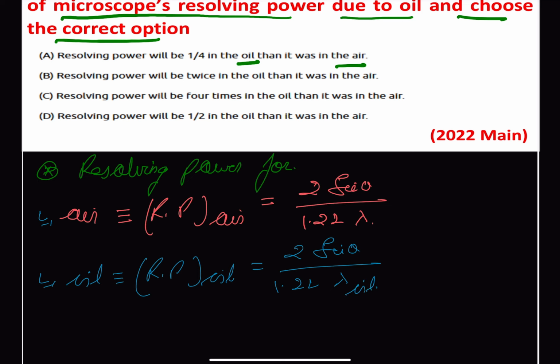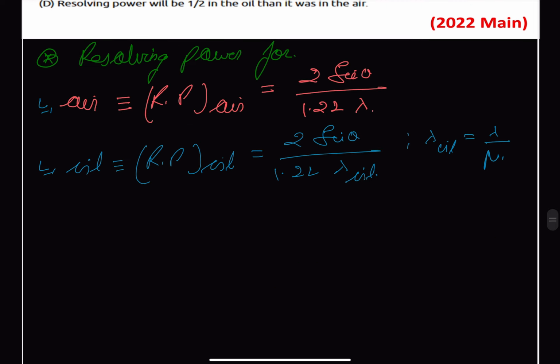But the wavelength that is given to us is only for our air, so we can say our lambda of oil will be equal to lambda divided by refractive index of the oil. So we can just modify the formula. So we get this as 2 sine of theta divided by 1.22 into lambda, multiplied by mu.